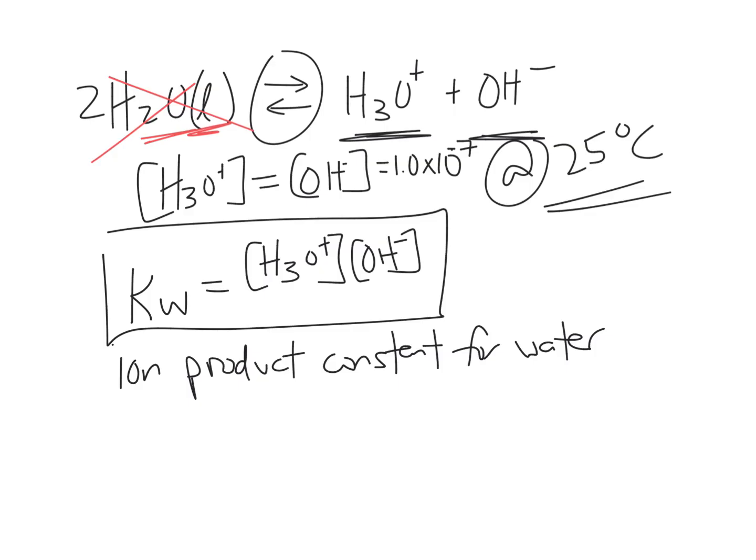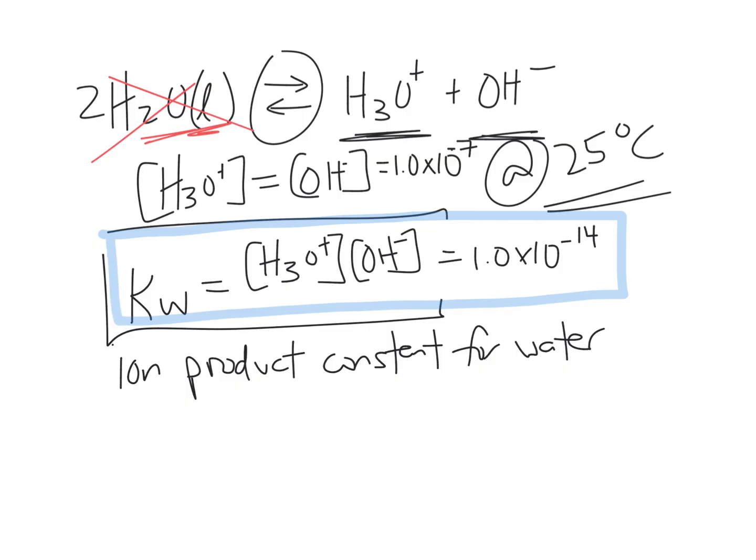Well, that's going to give us 1.0 times 10 to the minus 14. So the full relationship of Kw that you could write is that at 25 degrees Celsius, Kw, which is the product of the two water ions, is equal to 1.0 times 10 to the minus 14.